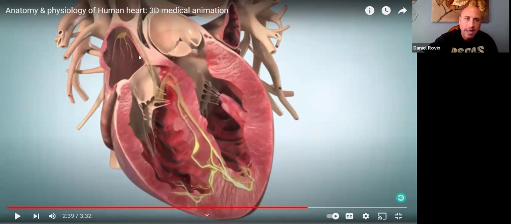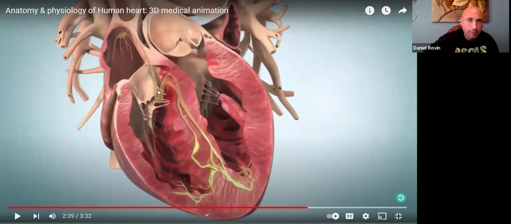Now, if for some reason that impulse went through the entirety of the heart, all of the muscle of the heart would contract virtually at the same time, and then you do not have the effectiveness of the pump. So what you really need to do is have the initial signaling go around just the atria and make sure you can delay the signal until the atria are finished contracting.